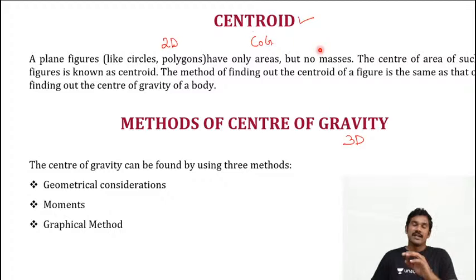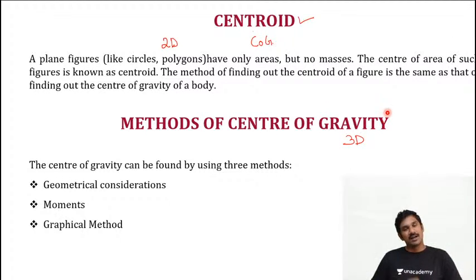Exact center of the area is known as centroid. Sometimes we may also represent it as center of gravity. On the other hand, if it is three-dimensional, that means it has mass, a solid object, then the center of that solid object we represent as center of gravity, and here we should not use centroid. Only center of gravity has to be used. So two-dimensional: centroid; three-dimensional: center of gravity. That's it, a simple difference.